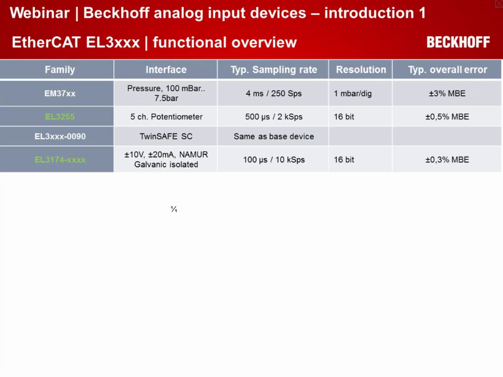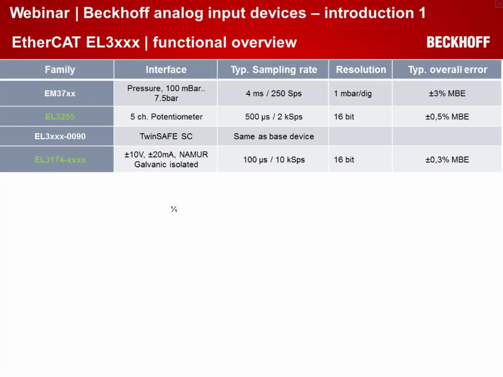This overview is especially for the EtherCAT analog input terminals. We also have the K-bus terminals, which were invented in the mid-90s, and also in these terminals we have some high precision measurement modules, the KL3 modules.